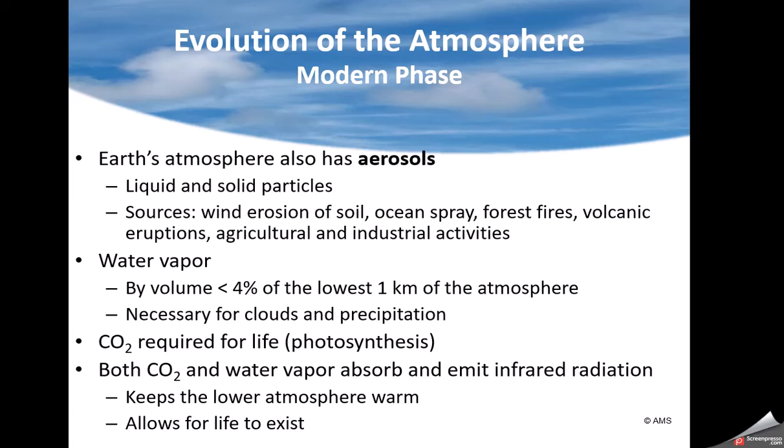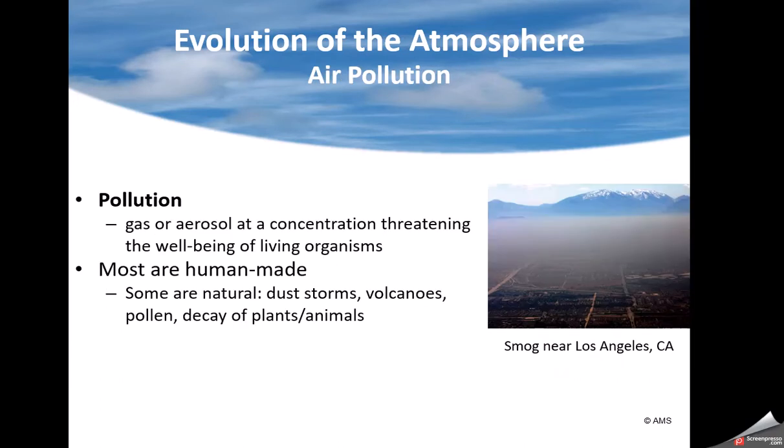Volcanoes. Water vapor can make up a significant part of the lower atmosphere, 40% sometimes in the lowest 1 kilometer. Without it, we wouldn't have the clouds and precipitation, which are necessary. CO2 is necessary for photosynthesis and for plant growth. So there are some good things about CO2. There are also some bad things about CO2 we're going to learn about.